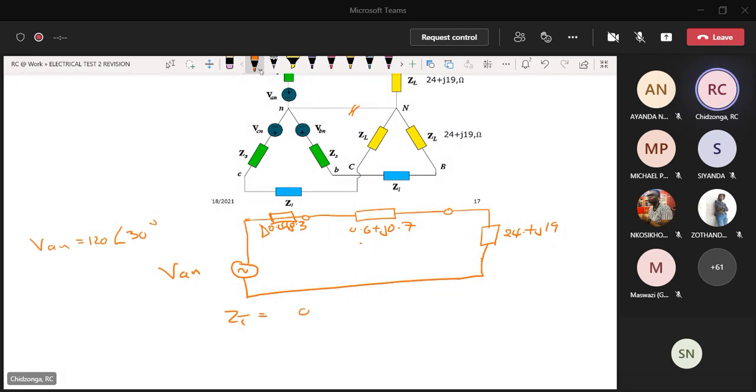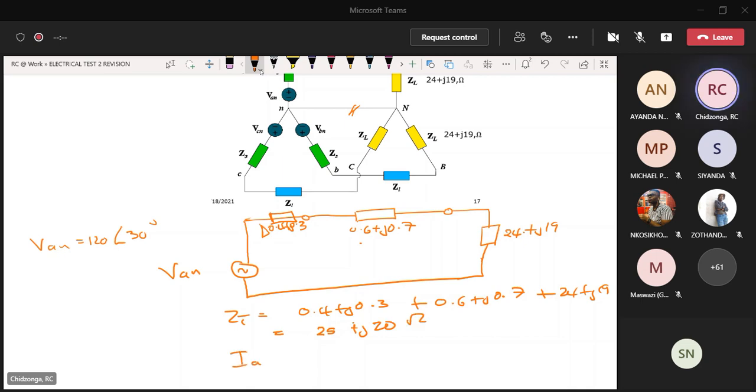The total impedance will be 0.4 plus j0.3 for the source, plus 0.6 plus j0.7 for the line, plus the load impedance itself, which is 24 plus j19. You add that: 1.4 plus 0.6 gives 1, so the total will be 25 plus j20. So this is the total impedance.